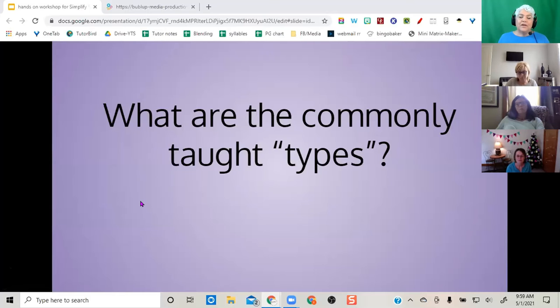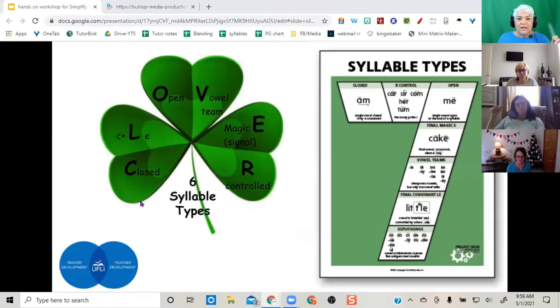So we know that every program has their own way of teaching syllable types, between letters and the clover, and this one includes, they separate vowel teams from diphthongs. And I have a real issue with these because we as educators do not use the term diphthongs correctly compared to linguists.